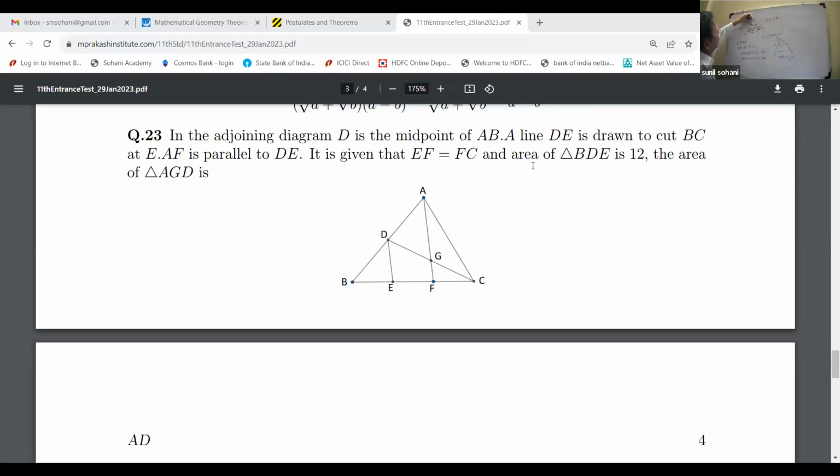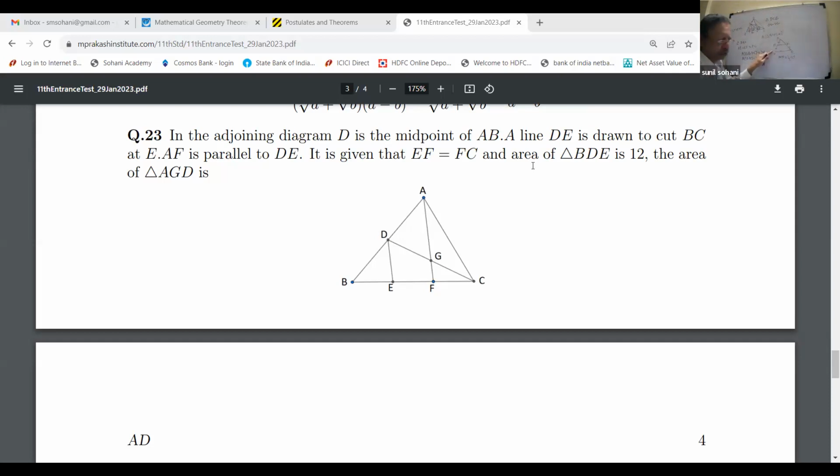Okay, DCE, I'm sorry. Here in DCE, DE is parallel to GF and F is the midpoint. Therefore, G is the midpoint for DC. So twice we have used midpoint.